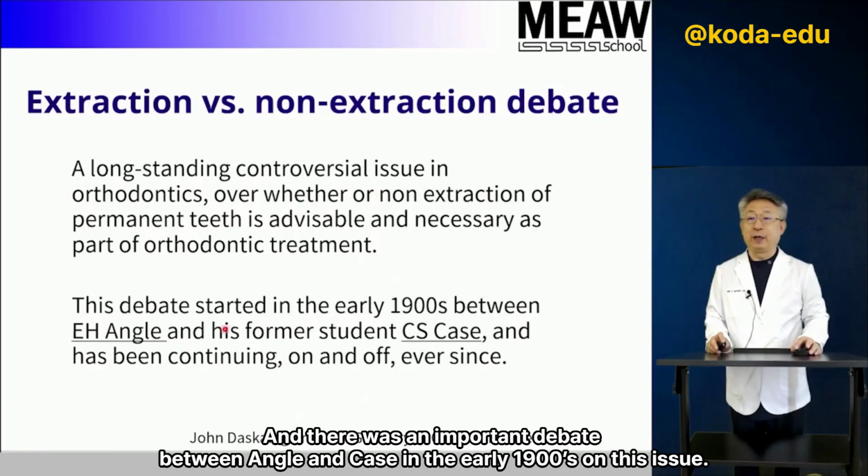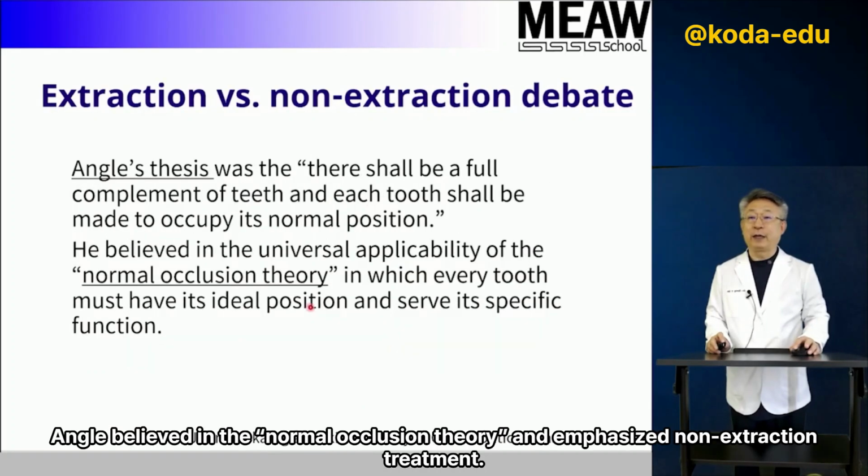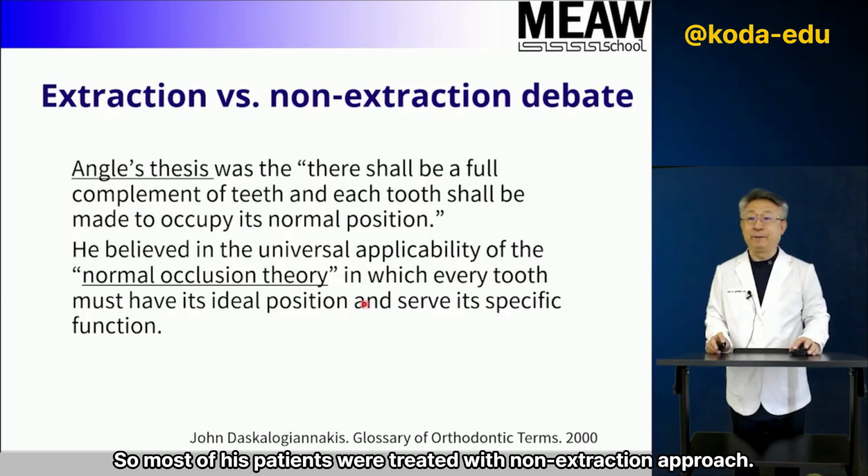And there was an important debate between Angle and Case in the early 1900s on this issue. Angle believed in the normal occlusion theory and emphasized non-extraction treatment. So most of his patients were treated with a non-extraction approach.